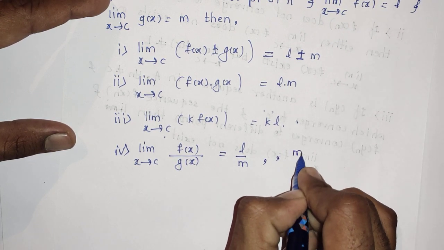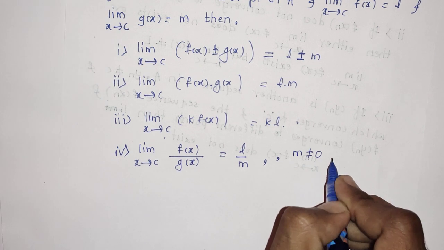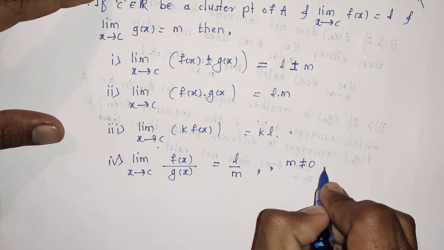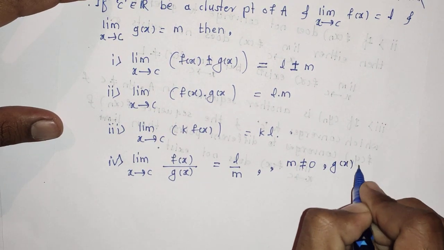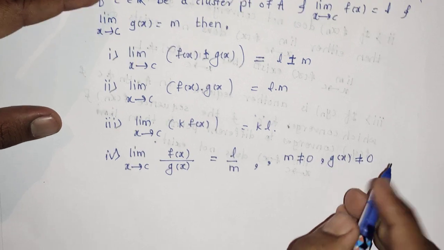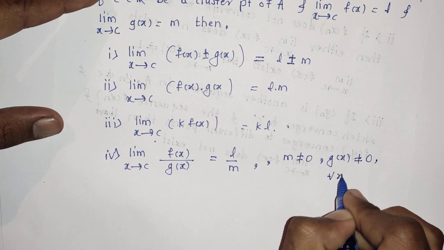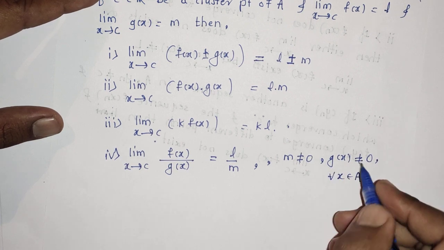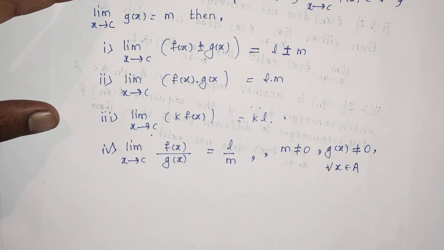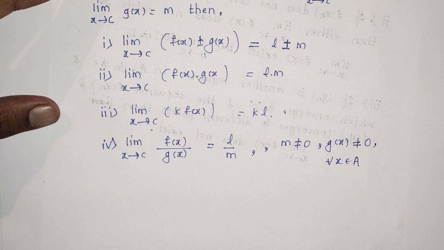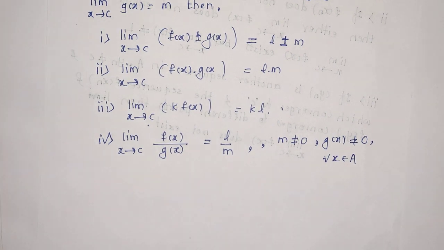This is the condition: m is non-zero, and g of x is also non-zero for all x belonging to A. These are some theorems. Now we will see limit at infinity in the next video.